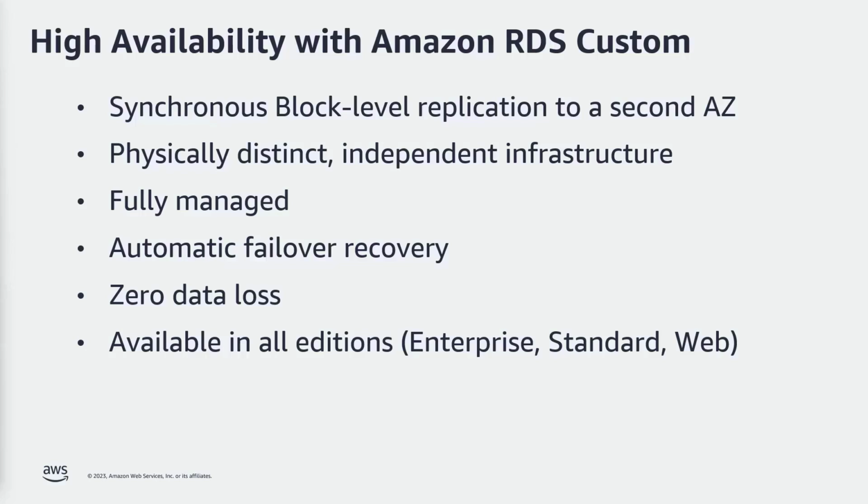However, with the Multi-AZ feature just added last month, customers can now deploy their critical workloads to RDS Custom in a Multi-AZ deployment. Multi-AZ synchronously replicates your data to a separate infrastructure in a second availability zone. The configuration is continuously monitored and failover happens automatically. Because we are replicating at the storage layer, the solution works seamlessly in all supported editions.